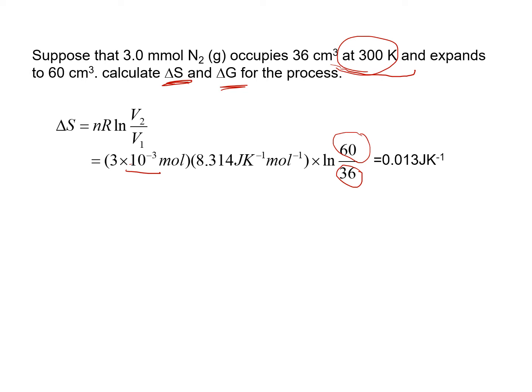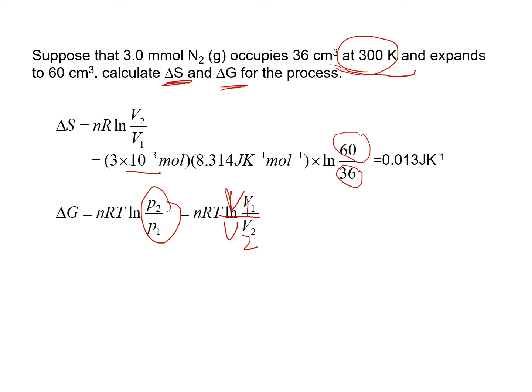The Gibbs energy change we derived the equation for ideal gas is nRT ln P2 over P1. In this case, it is the pressure ratio. But the pressure ratio can be changed to volume by Boyle's law. So this should equal V1 over V2.